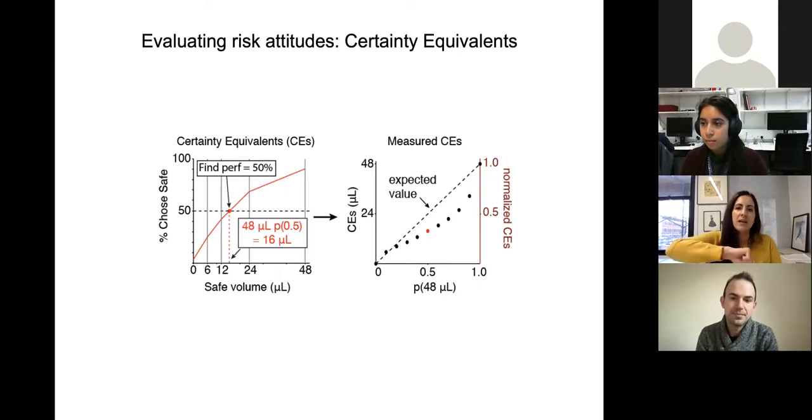But our rats look like they're just anchoring to 0 and not anchoring to certainty. I think that might reflect a limitation of our task design, where we didn't have a qualitatively different cue that indicated you will definitely get reward. So I think the rats might just not have appreciated that the guaranteed reward was really guaranteed, if that makes sense.